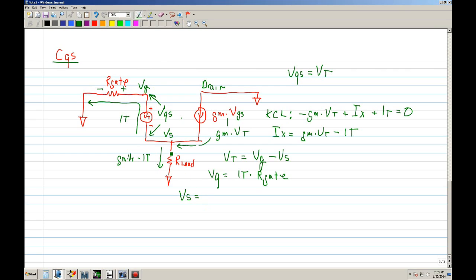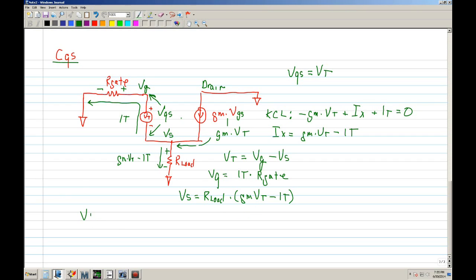In this case it's positive and negative, so we know that the current going through R load is actually GM VT minus IT. Okay, so now we're almost there.